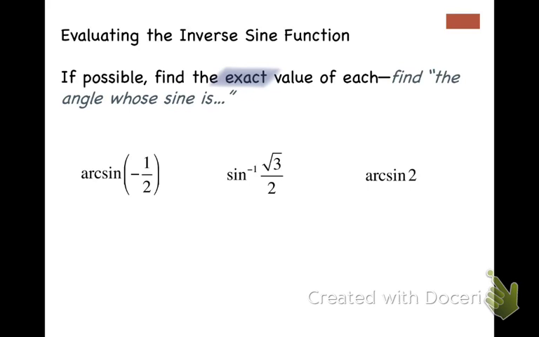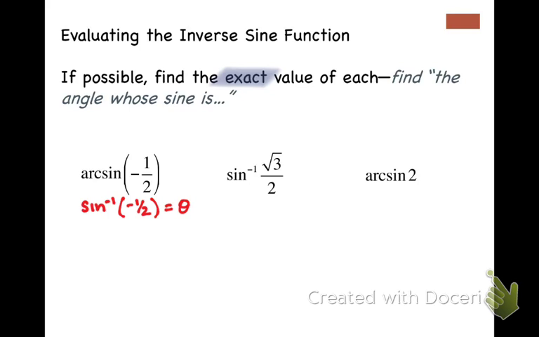So the way I want to do this is I want to rewrite this problem into something that we've seen before. So remember, arcsine is just another way of writing sine inverse of -1/2, and this is going to equal some angle. But what I can do is I can rewrite sine inverse as a sine problem.